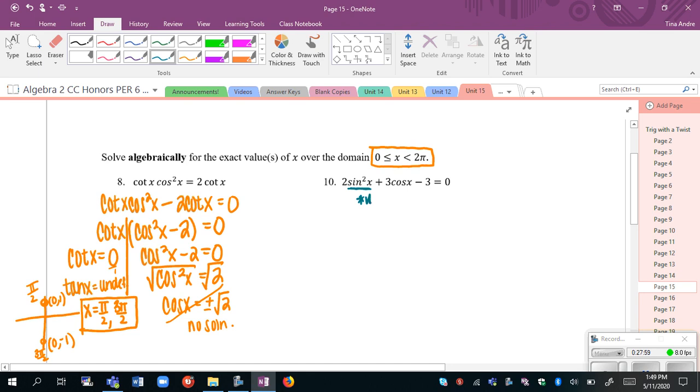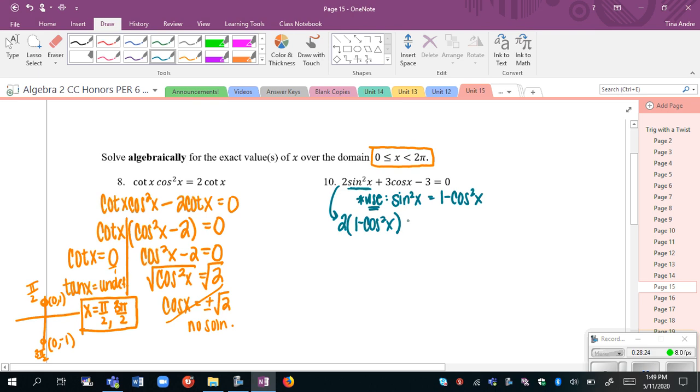I'm going to use my Pythagorean identity here: sine squared of x is equal to 1 minus cosine squared of x. Remember, that's just coming from sine squared of x plus cosine squared of x equals 1. So I'm going to rewrite this as 2 times 1 minus cosine squared of x.